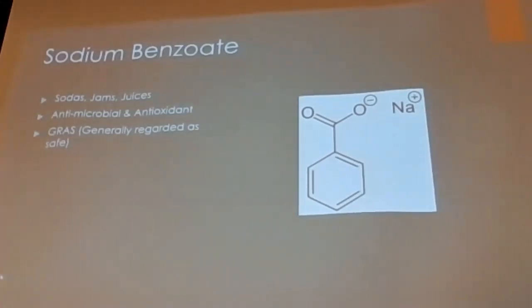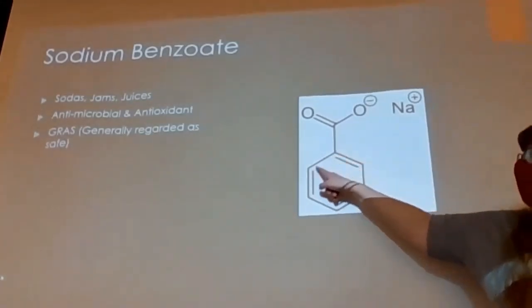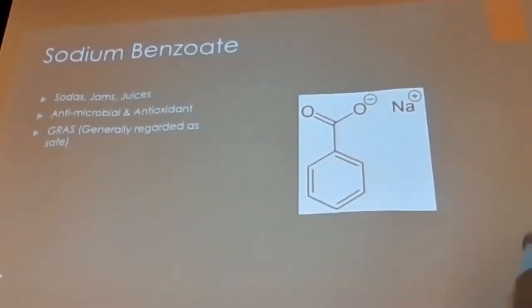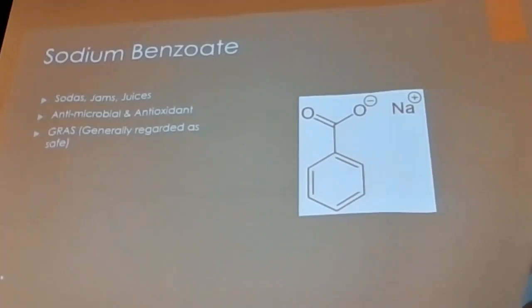Okay, so sodium benzoate, what might be problematic about it? This is an artificial antioxidant. This ring by itself, the aromatic ring, is called benzene, and benzene is a carcinogen. If you heat this up, you can turn it into benzene.